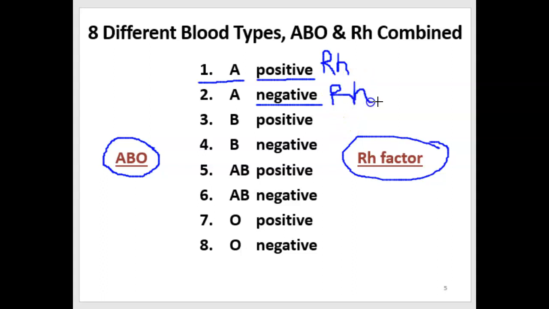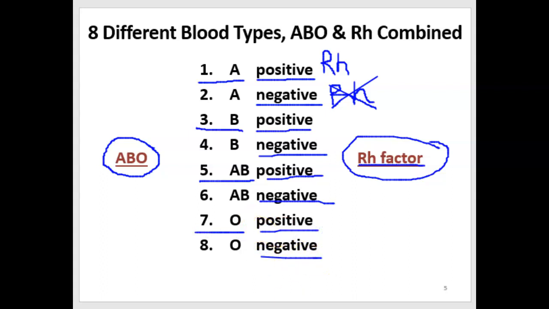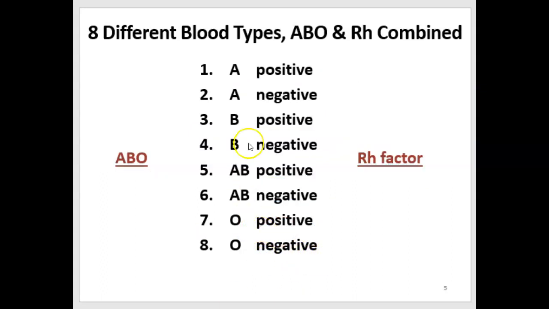That's what the negative means. Somebody could be type B blood with the B antigens, and then again, either positive or negative, depending on their Rh factor status. Somebody could be type AB blood and either positive or negative. And someone else could be type O positive or negative. So there's 8 different types.